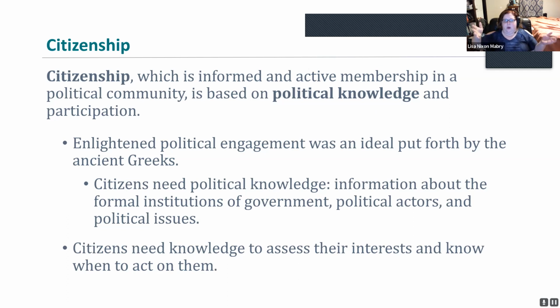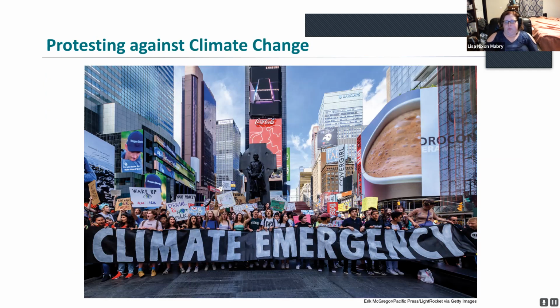Then you wouldn't want to vote for them, right? Like you would want to vote for somebody that lines up with your viewpoints a little better. So that's why it's so important to have that political knowledge to be an informed voter when you move forward to make that change and to vote, right? So that's the whole point in the citizenship and political knowledge section.